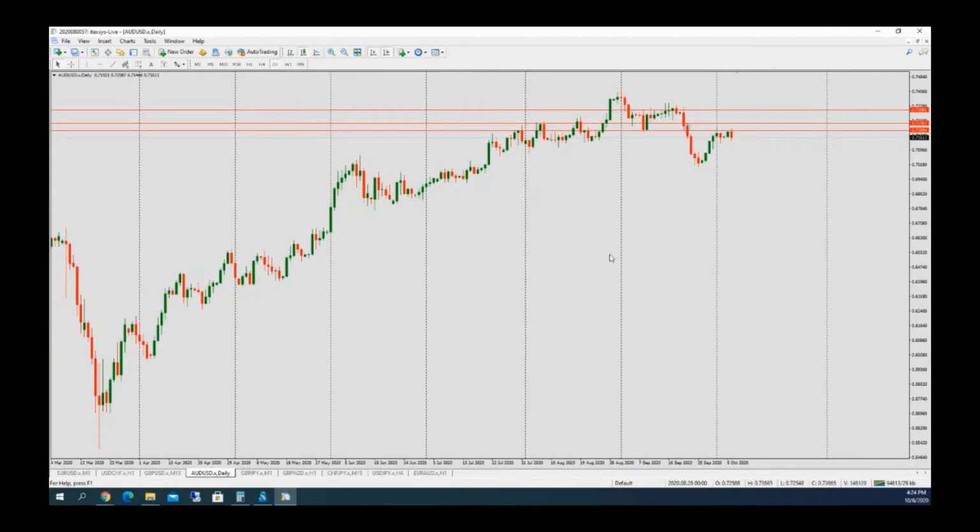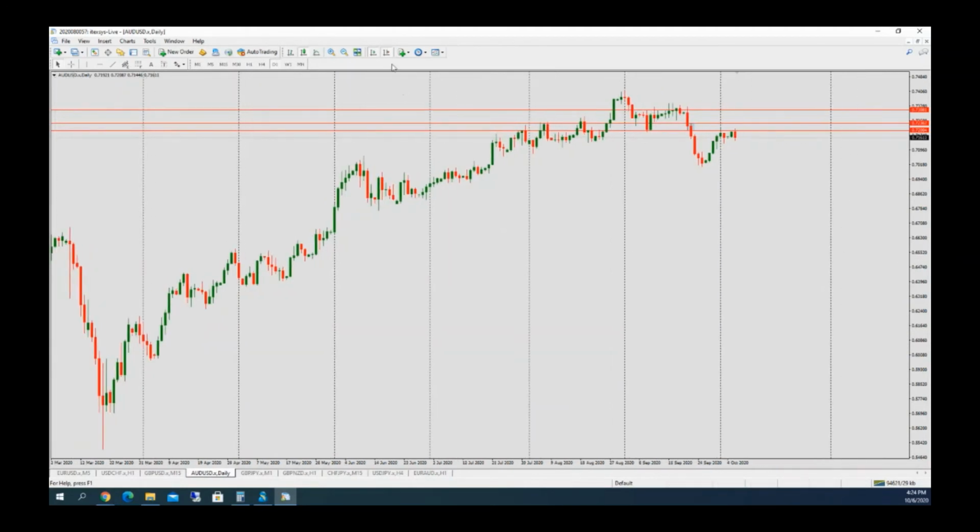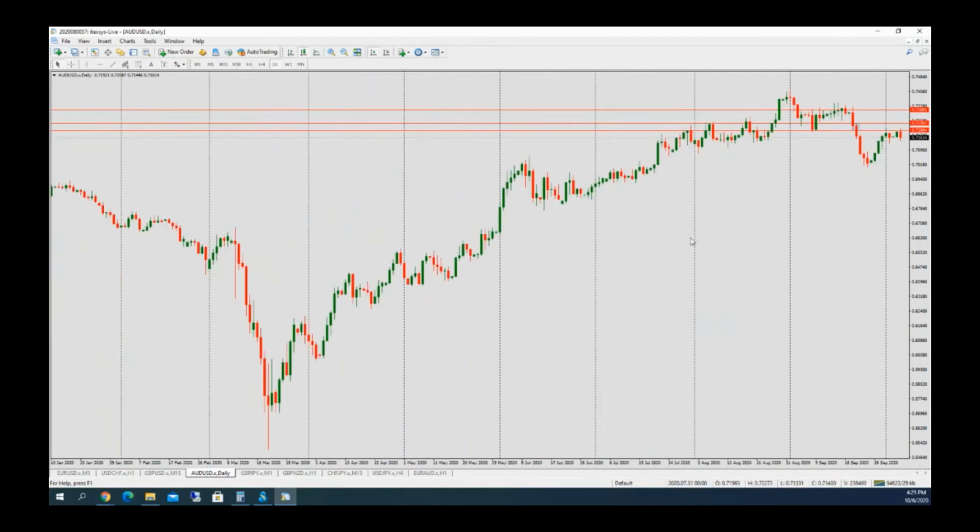This is the AUD against the Aussie. Okay, so if we take a look down, we will see that we have this demand. I'll put this shape here.